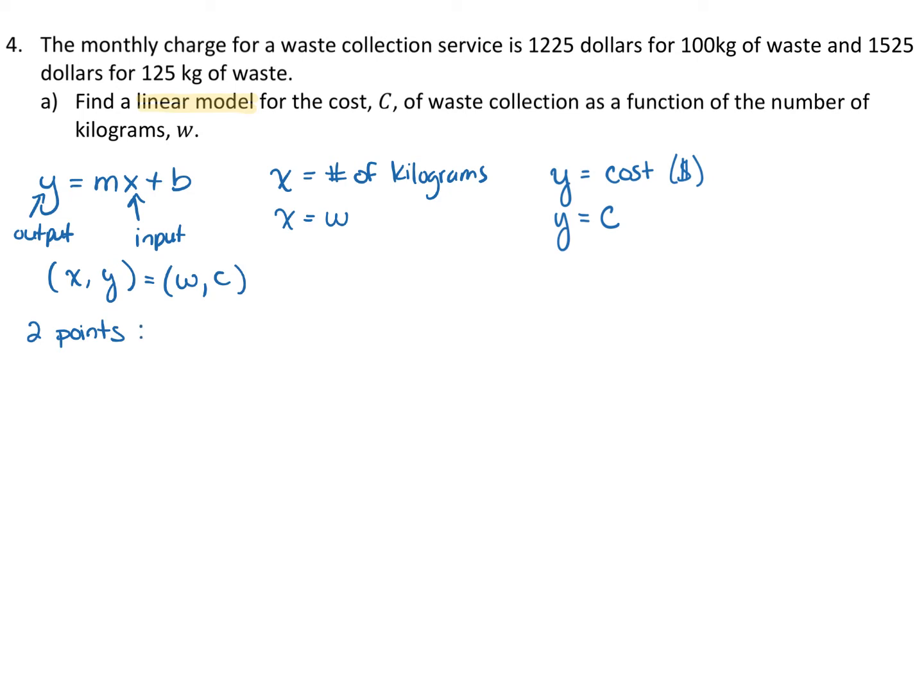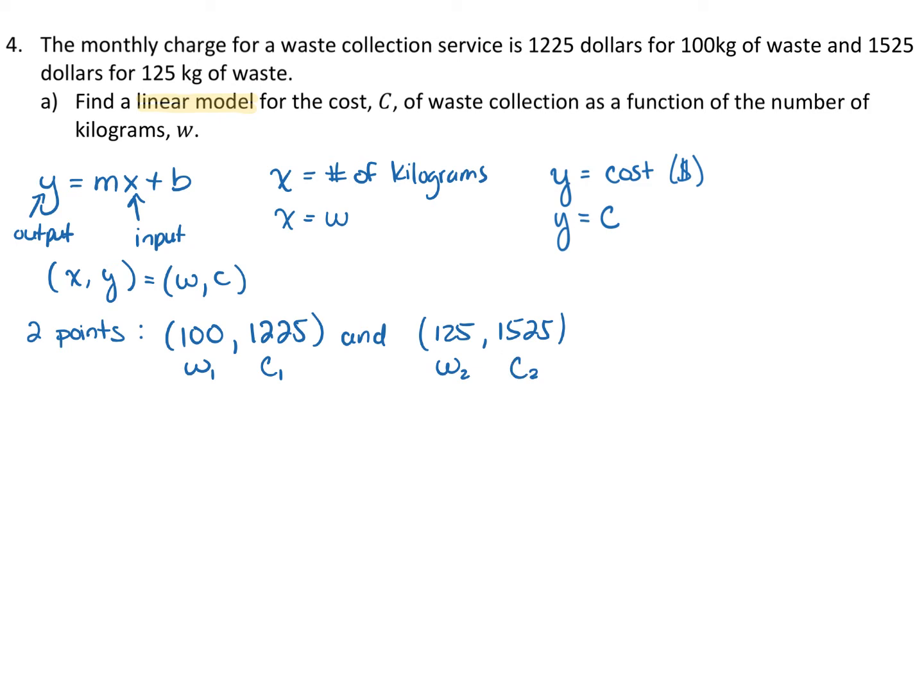Our first point is, for 100 kilograms of waste, the cost is $1,225. You can call that W1 and C1. My other point is, for 125 kilograms of waste, the cost is $1,525, which you can think of as W sub 2 and C sub 2.